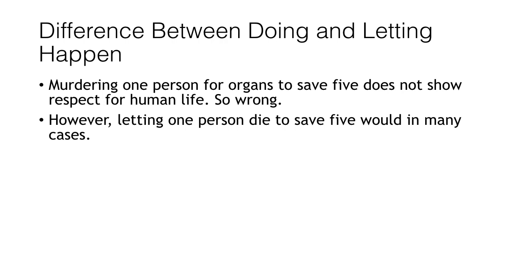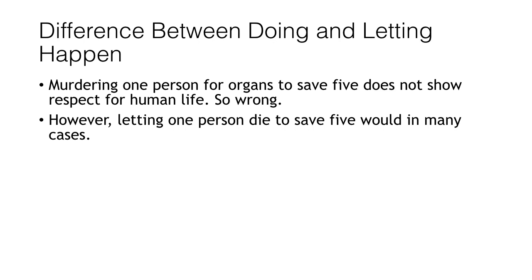Murdering one person cannot possibly show respect for human life. But letting one person die because you would have to sacrifice 5 people to save him, well, that does show respect for human life. It can show respect depending on the way you sketch it, right? Now look, obviously, if you could save this one person without letting anybody else die, you'd have to.